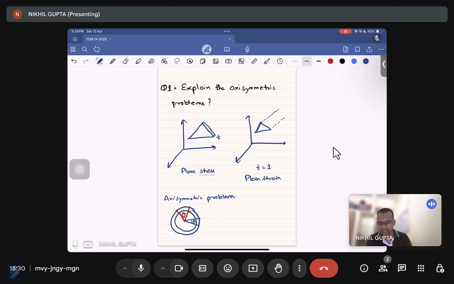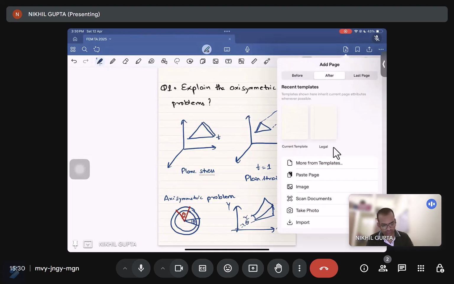This is known as the axisymmetric problem, and when you make it into an xy coordinate, it will look like this, which will be theta and r. Just a representation of it.